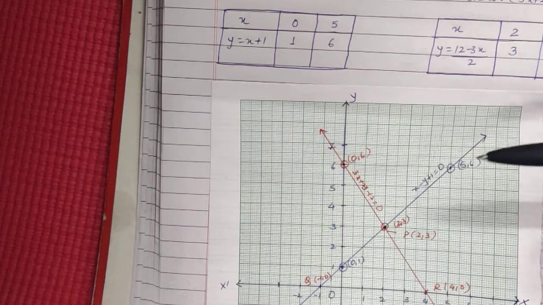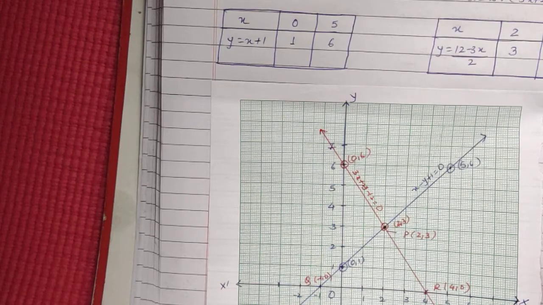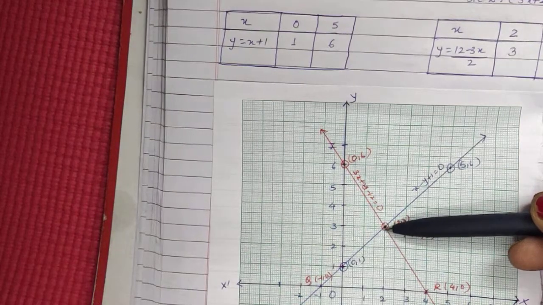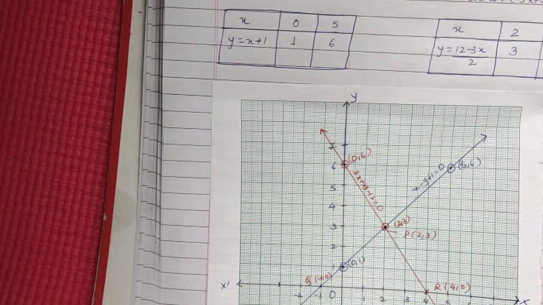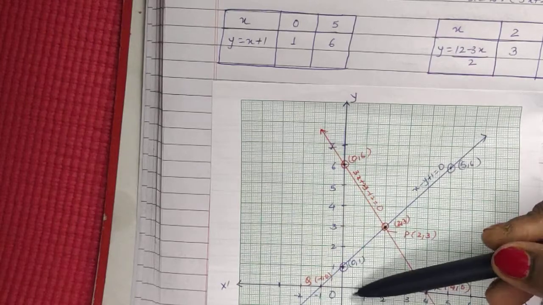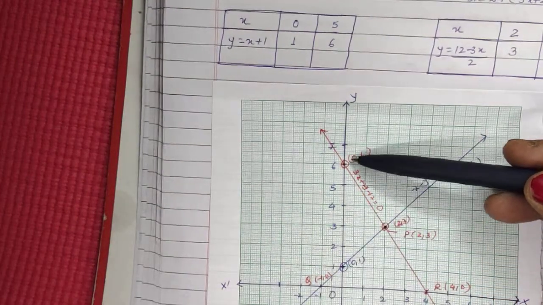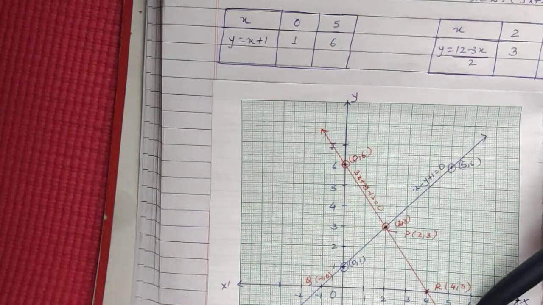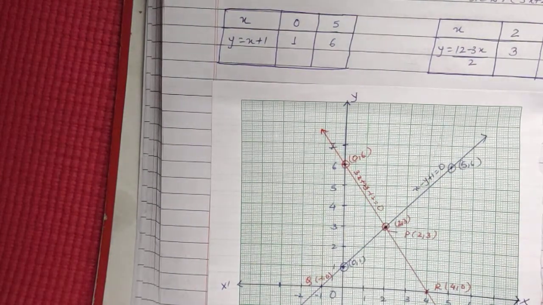For the second graph, I am using the red color, but you will be using a red pencil. I am telling this repeatedly. So here it is 2 3. Then second is 0 6, so 0 6 will be here. Just join these 2 points and make a straight line in such a way that they are intersecting the x-axis.